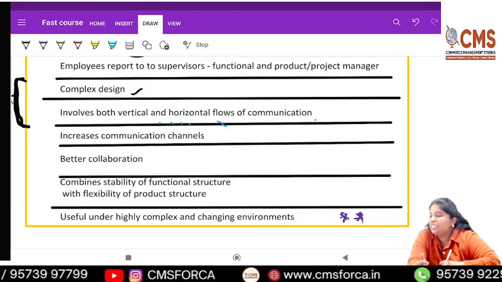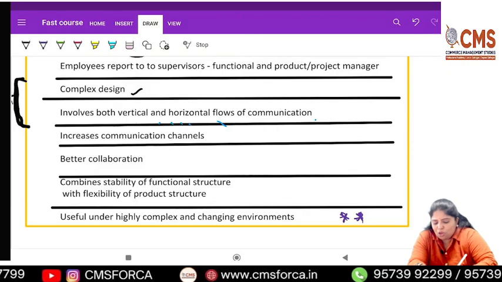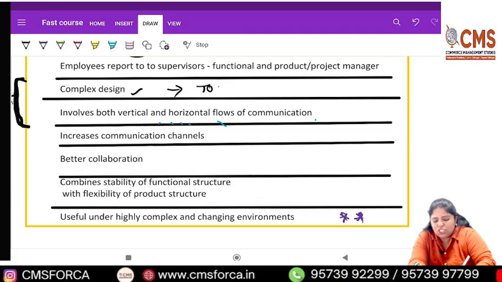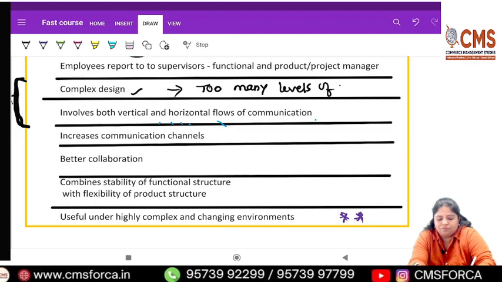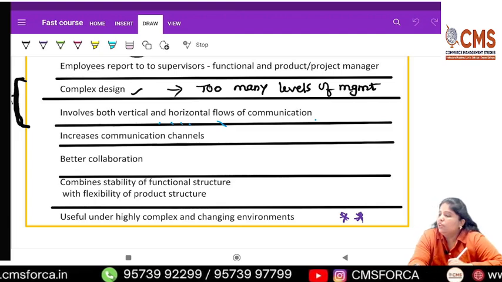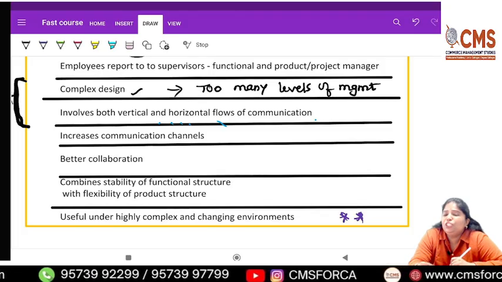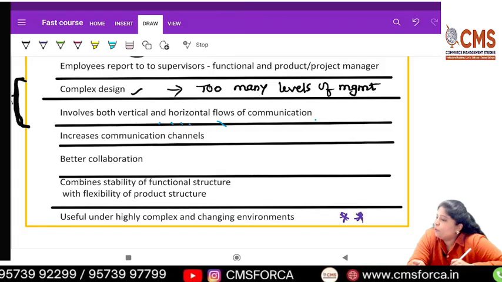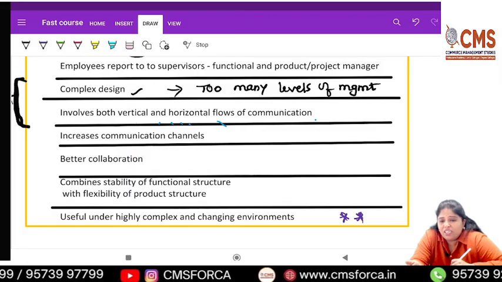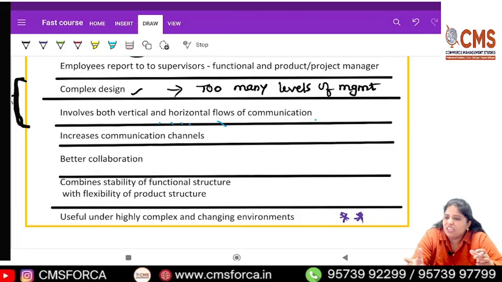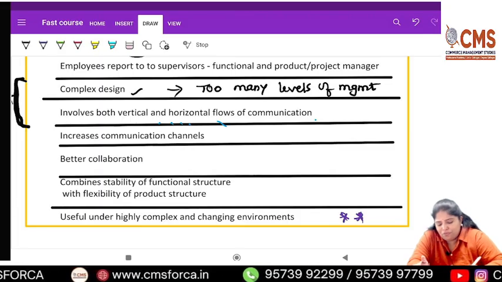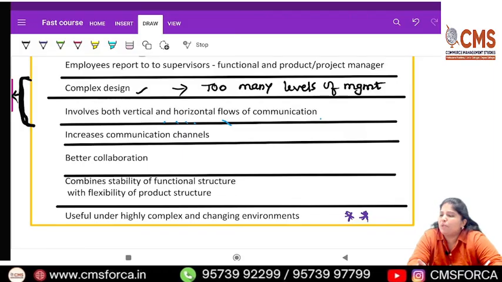It has a complex design. Why does it have a complex design? Because it has too many levels of management: dual authority, dual reporting, dual power, dual sources of punishments and rewards. Everything is shared, because of which we say too many levels of management.